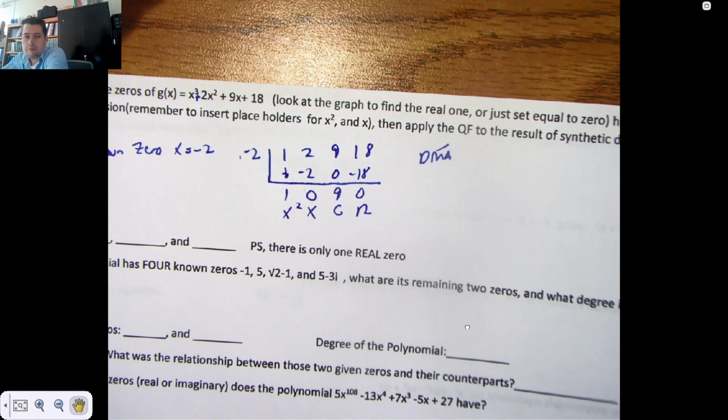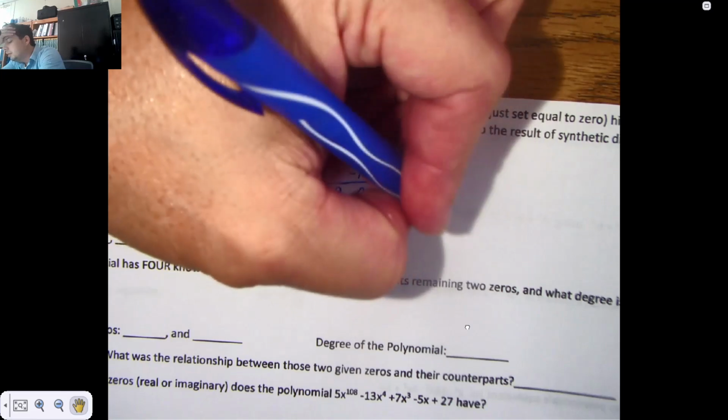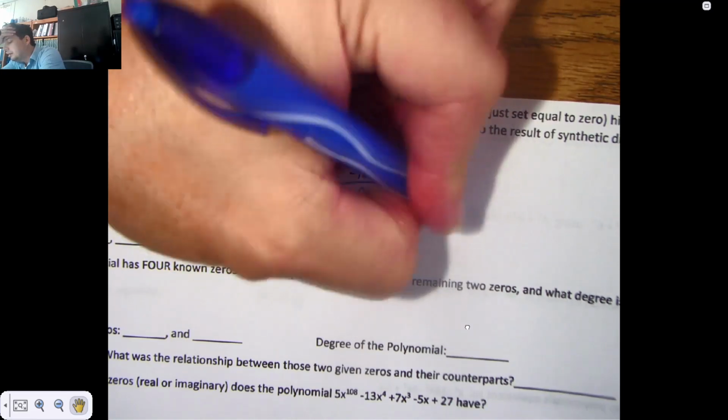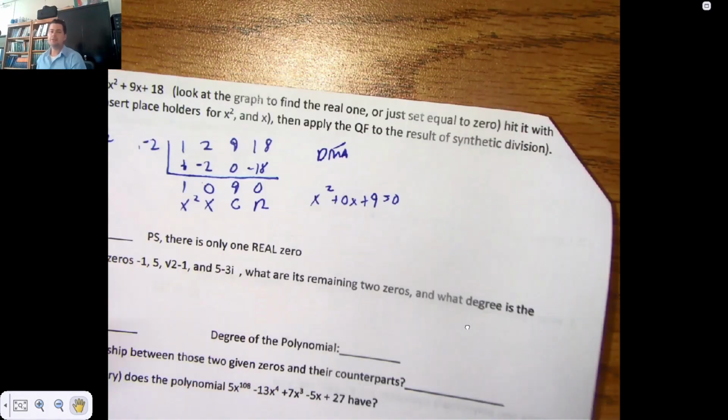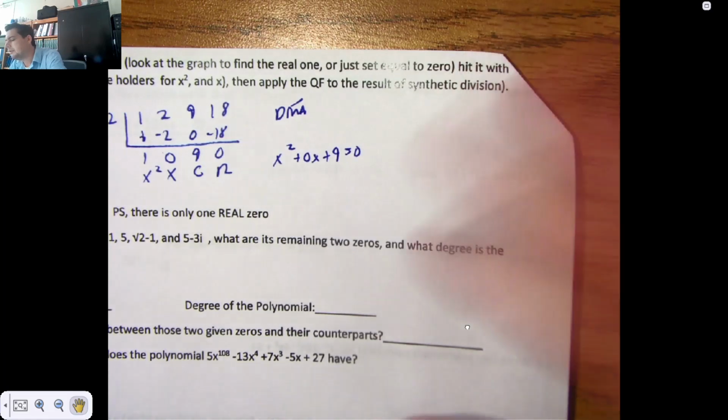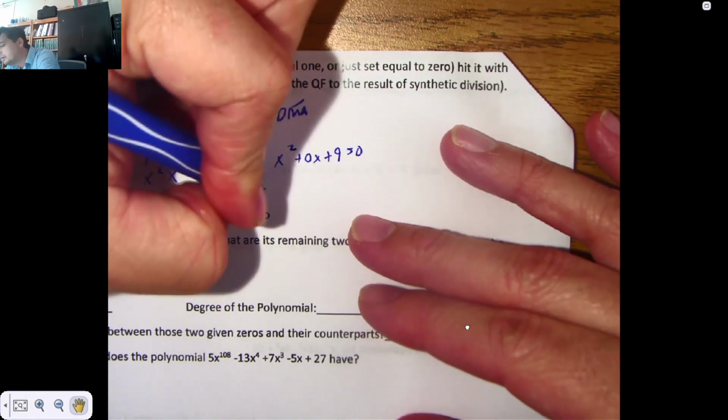There's two ways of solving what's left. We have x squared plus 0x plus 9 equals 0. Some kids are going to just hit it with the quadratic formula. They get comfortable with it.